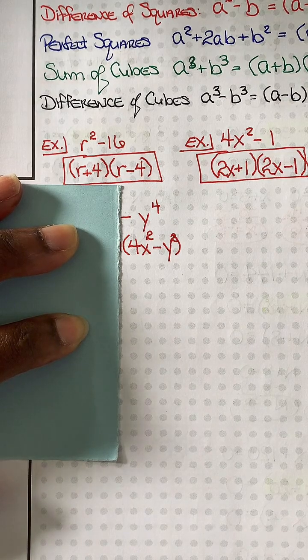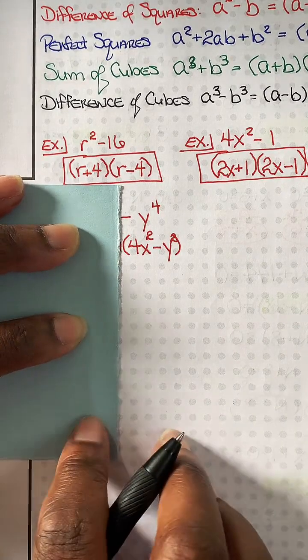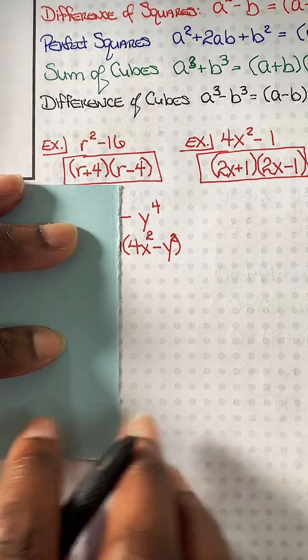Pug is saying 2x minus y and 2x plus y. Mrs. Wells is saying 2x plus y, 2x minus y. There we go, Drea. It's that 2x plus y. You got this, guys.